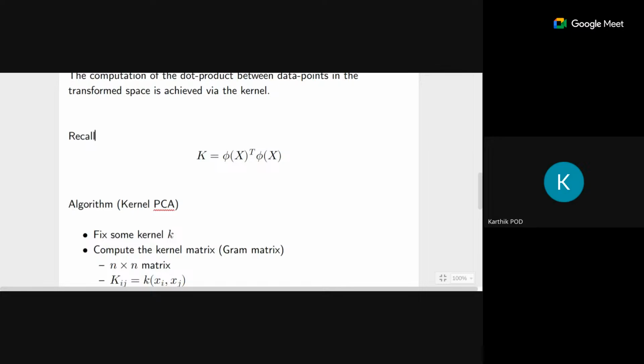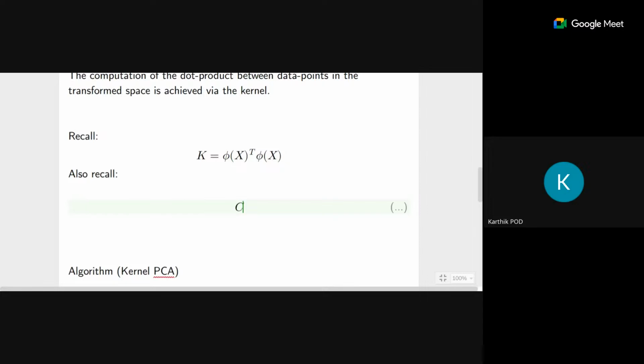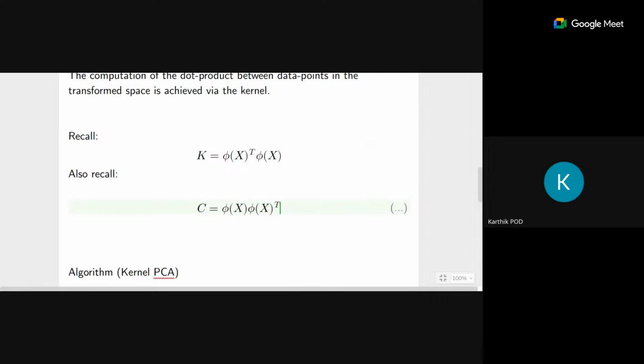Recall that this is what we mean by the kernel matrix, and also recall that this is what we mean by the covariance matrix, with the 1 over n factor. These are the eigenvectors of this matrix that we want, but we start with this.